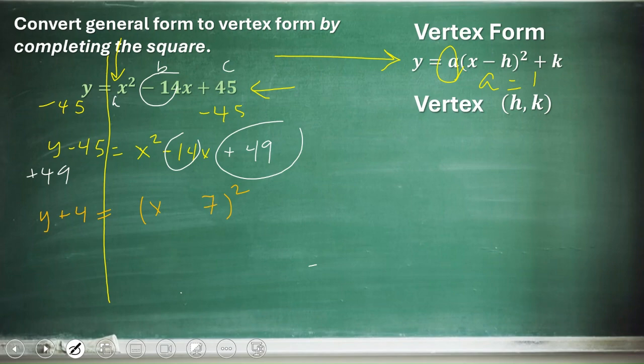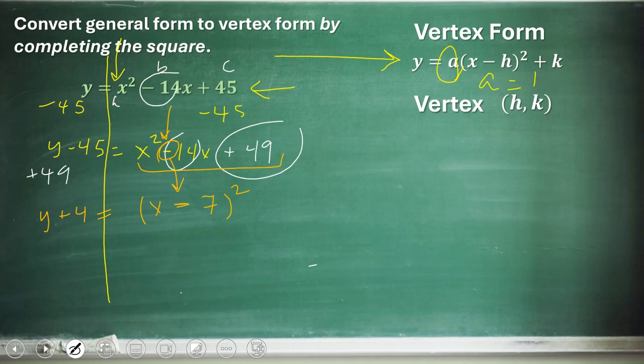Now, the sign that goes in this binomial is always the sign in front of your b term, because when I FOIL this out, or when I distribute this out, I have to get a negative 14 in the middle of this binomial. And the only way I can do that is if 7 is negative. So that is why there is a negative sign. So this sign always goes into the binomial.